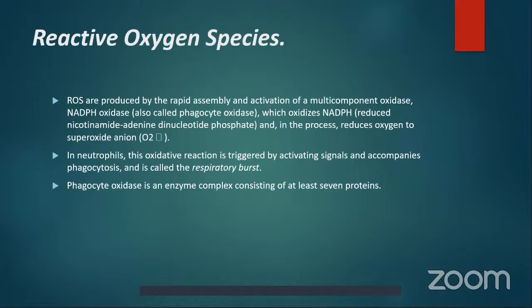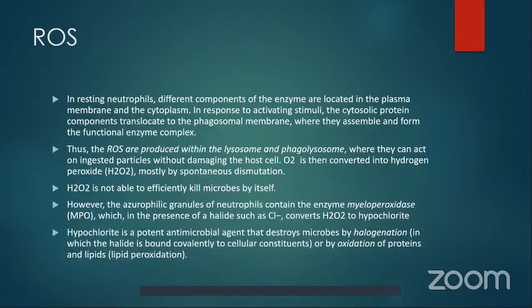Phagocyte oxidase is an enzyme complex consisting of at least 7 proteins, if we look at it structurally. Normally, in the resting neutrophils, different components of the enzyme are located in the plasma membrane and the cytoplasm.